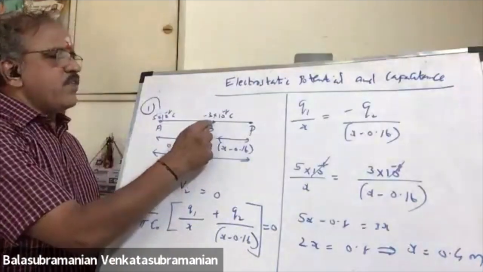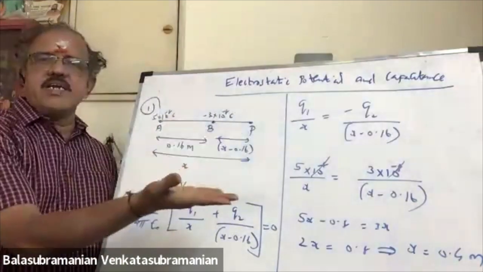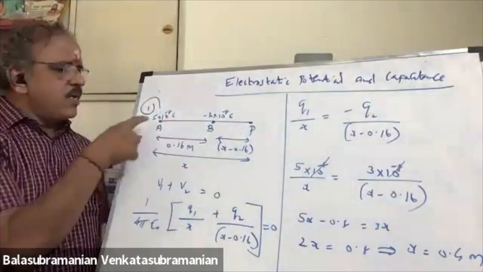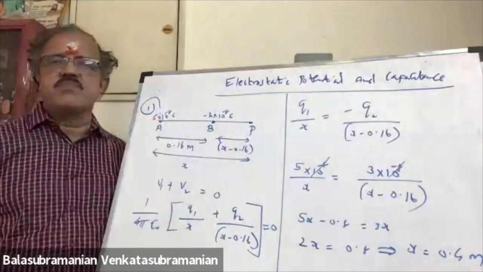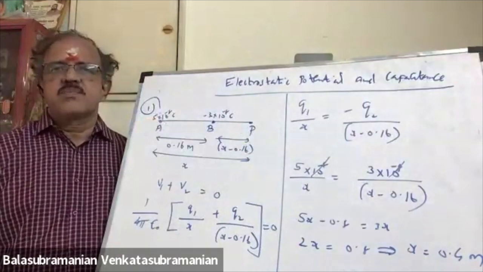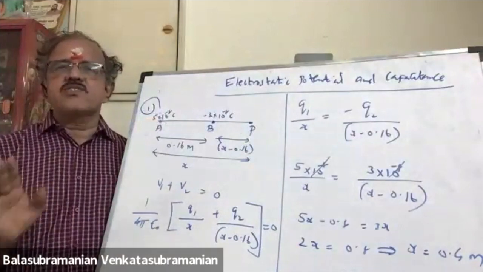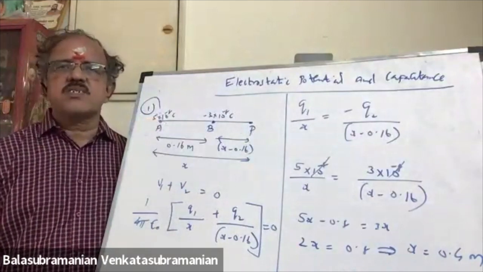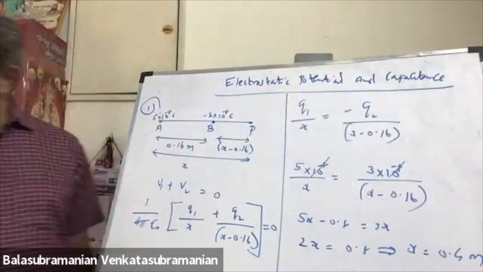So 40 centimeter from the minus Q charge on the other side, or 10 centimeter from the plus Q charge in between. Both are correct. At these points, the potential is 0. That is the question. Okay, fine.